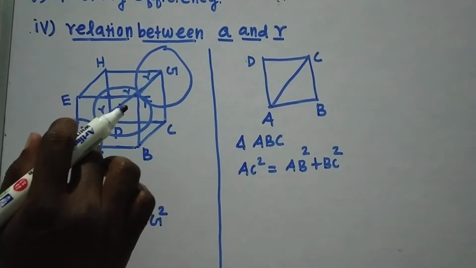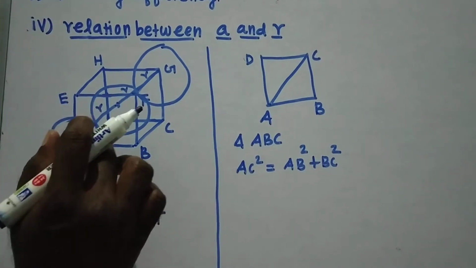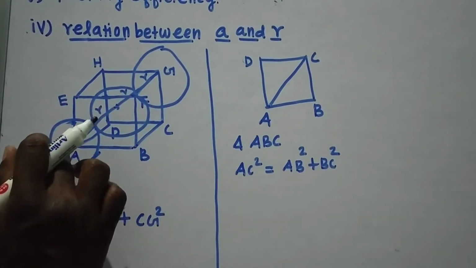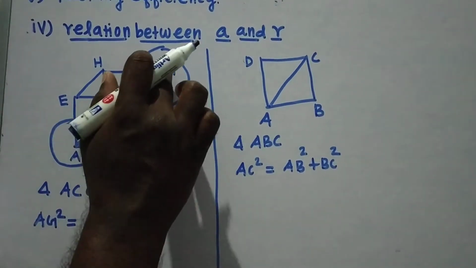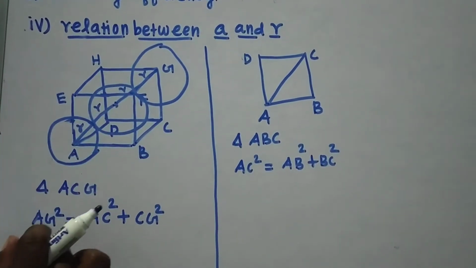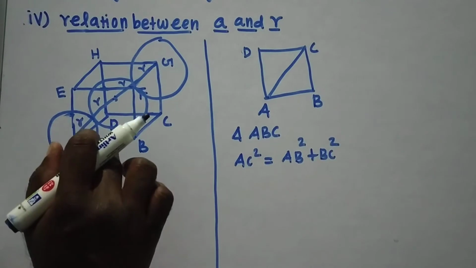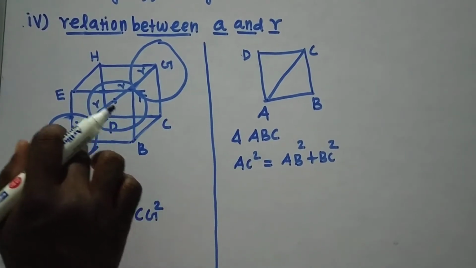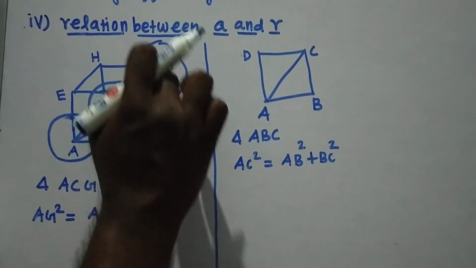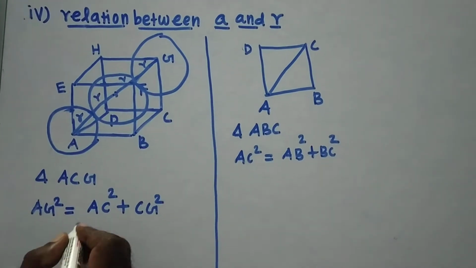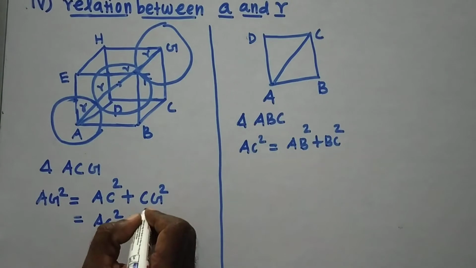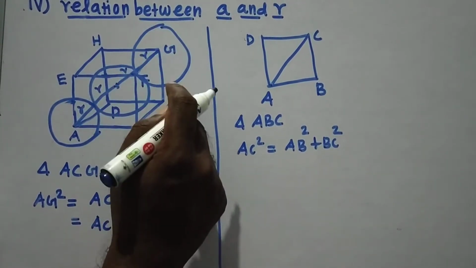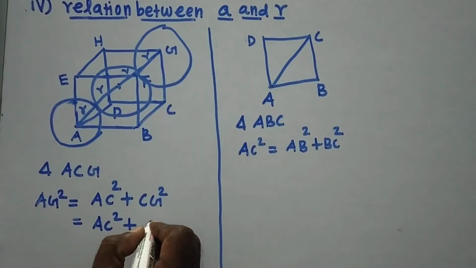According to Pythagoras theorem, in the right angle triangle ACG, the square of the hypotenuse, AG squared, is equal to the sum of AC squared and CG squared. We don't know AC squared, but we know CG squared because it's the side of the cube, therefore it is equal to a squared.